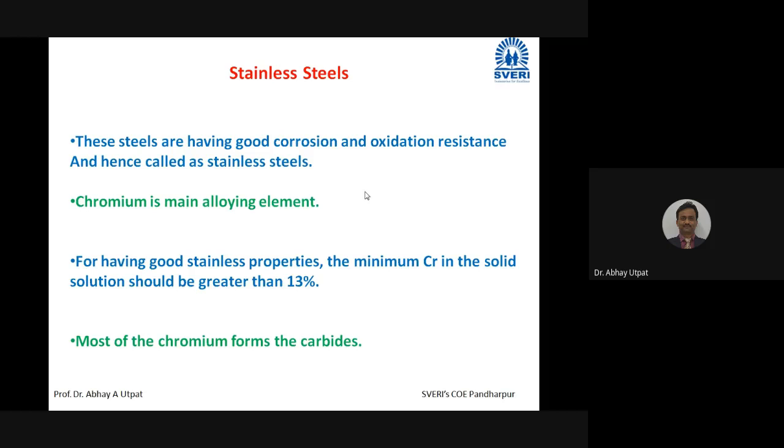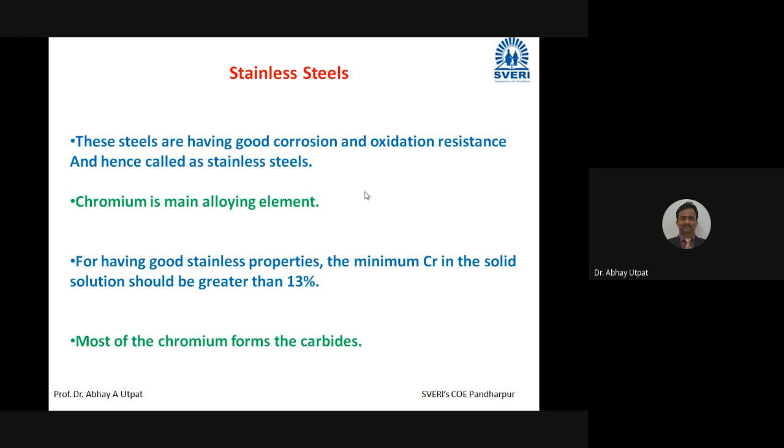The first thing, chromium, not chromium, any of the element, they are solid solution strengtheners, they are carbide formers, they are austenite stabilizers, they are ferrite stabilizers. So each element performs different roles. So in this case, chromium is getting dissolved into solid solution also. Chromium is forming the carbides also. But most of the times, chromium forms the carbide.